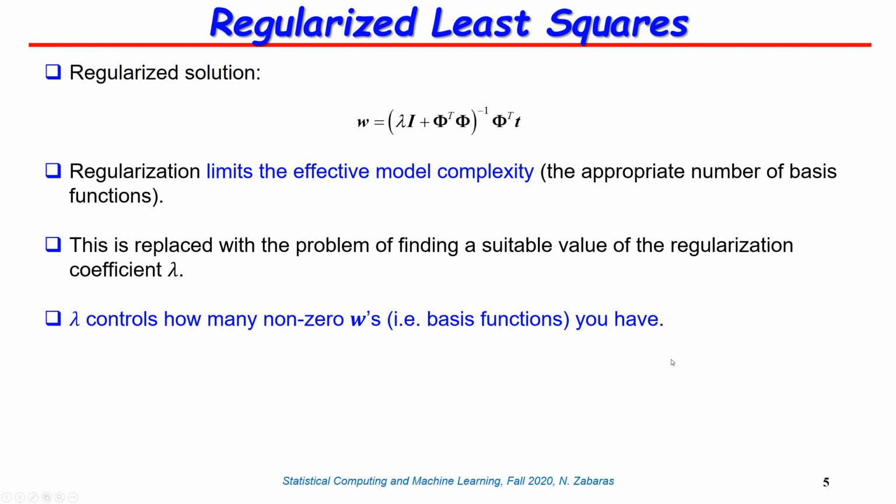Okay, so effectively, you can actually see that what lambda does is it selects how many non-zero W's you're going to get in your model.